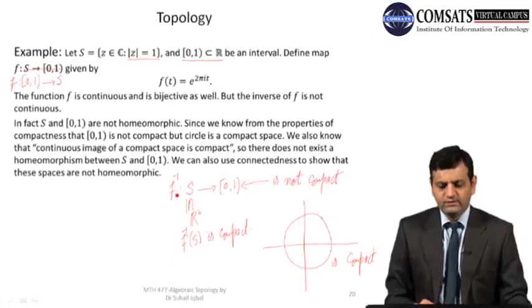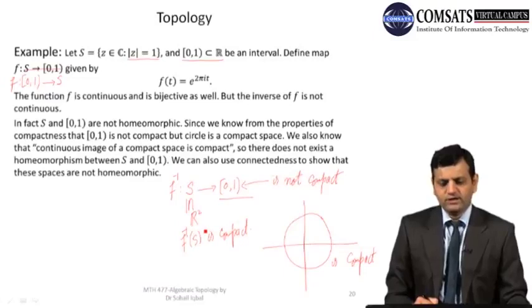And this f inverse should also be bijective, so the image f inverse of S should exactly be equal to the semi-open interval 0, 1. So according to the invariance of compactness, there is no such f inverse which is continuous, because if it were continuous, then f inverse of S should be compact, which is not true.